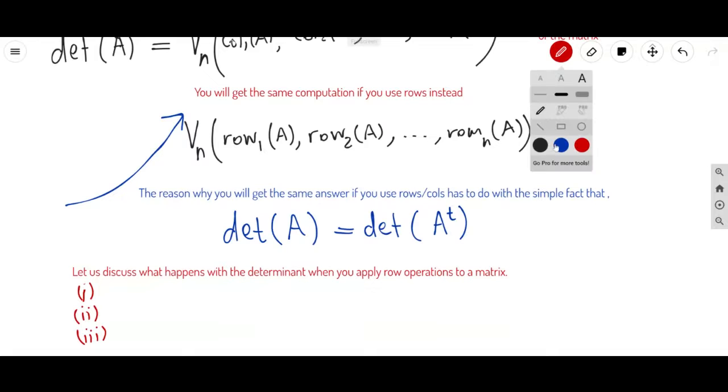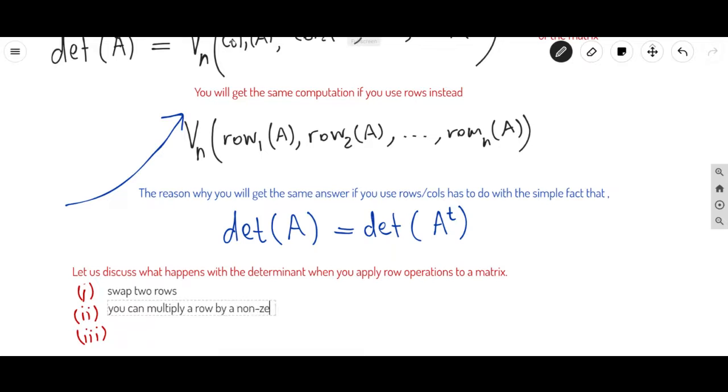The first row operation is you can swap two rows. Another row operation is you can multiply a row by a non-zero scalar, a non-zero number. And the third row operation is you can add a multiple of a row to another row.